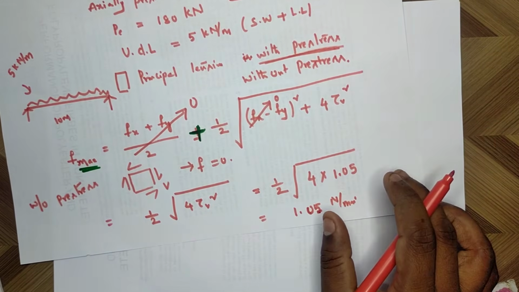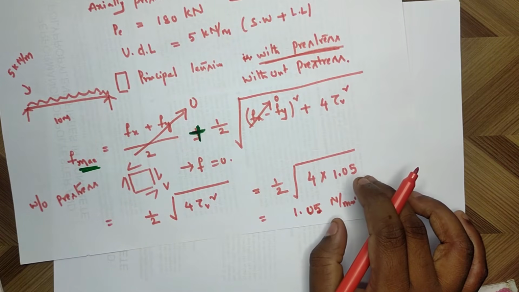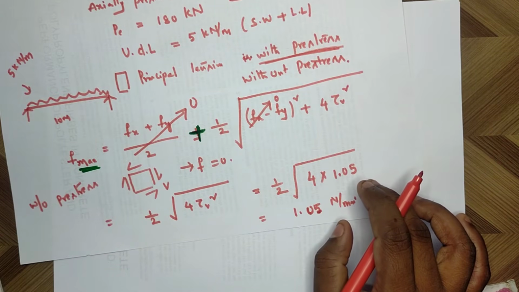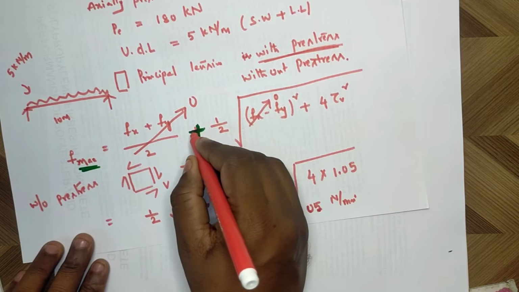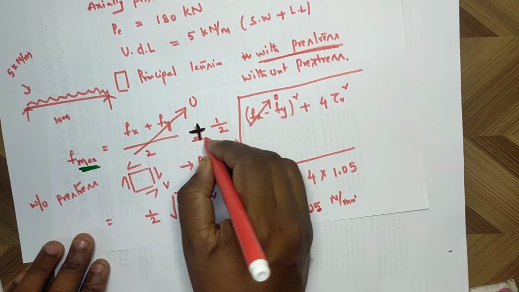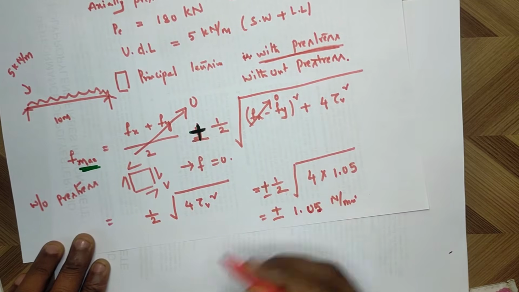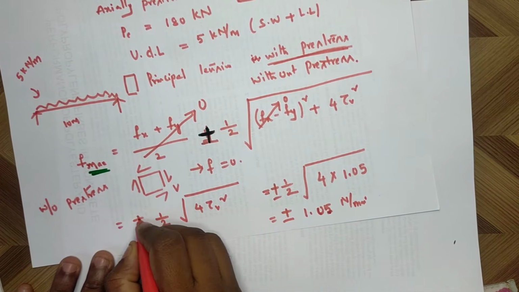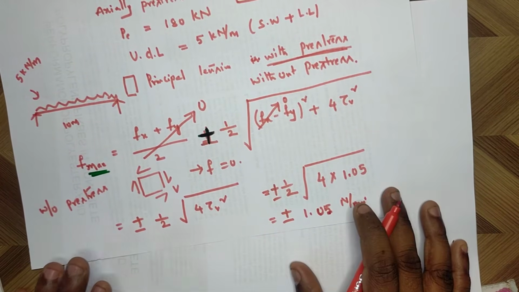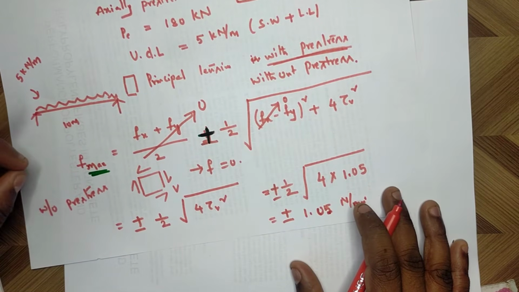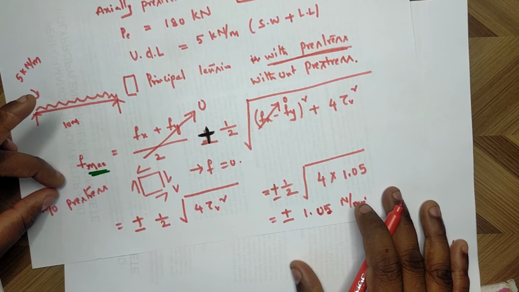Okay, this is the answer. Now we will take plus or minus only, we will see later. Okay, this is the way to determine the principal tension in the member without prestress.